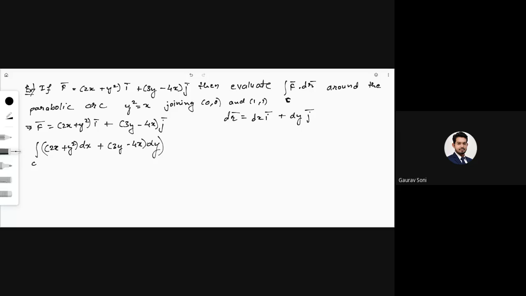What was the step number 2 that I said? So put x equal to t there. What is the curve along which you are taking the integration? That is y square equal to x. So if x is equal to t, then y will become under root t.